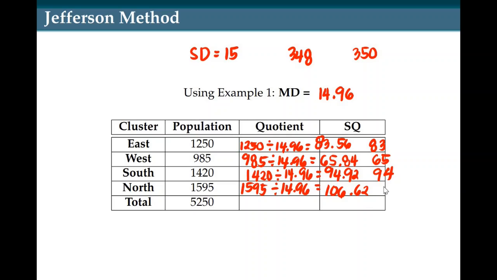So the standard quota for this is 106. And if we sum this up, we have 83 plus 65 plus 94 plus 106. That will give us 348. So again, it is less than 350. So we will choose another divisor for this problem until we get the sum of 350.